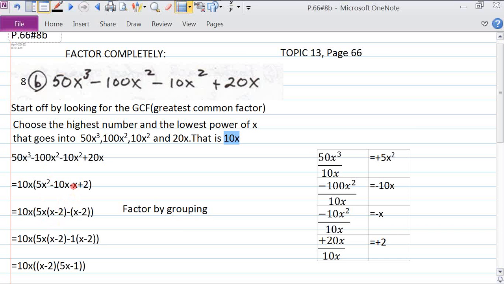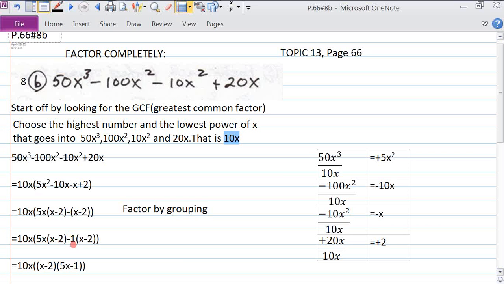And then I'm left with minus bracket x plus 2, or I have to change this to a minus, and to make it plus, because the minus times the minus gives me the plus. And there's an implied 1 here, so I've just put that in for convenience sake to make it a little easier to understand.